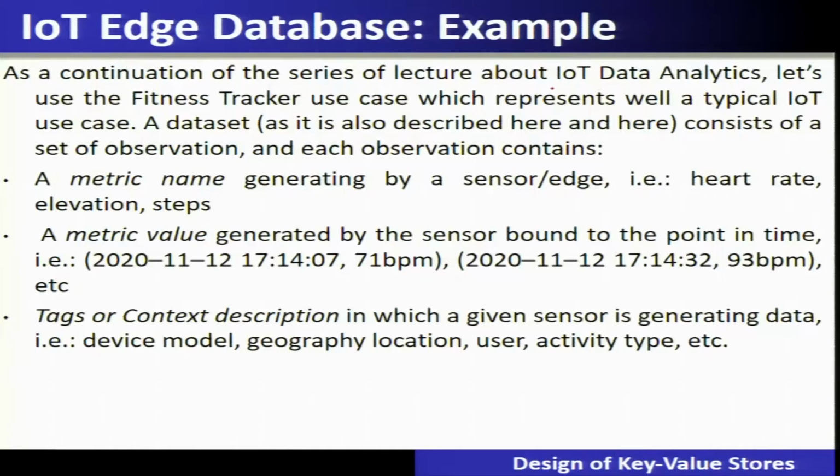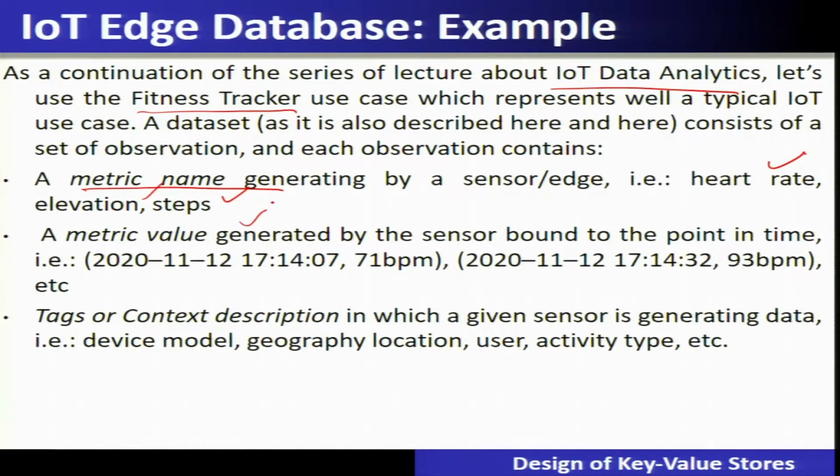In this continuation we are considering a use case of IoT data analytics, and let us use a fitness tracker. Normally it comes as an IoT gadget which people can wear, and the sensors within it send the data which is then further processed as IoT data analytics. The data set consists of a set of observations, such as the metric name generated by the sensor or edge, such as heart rate, elevation, steps and so on.